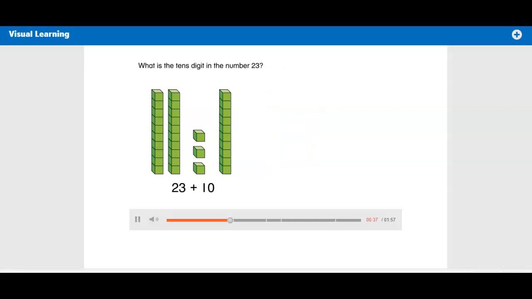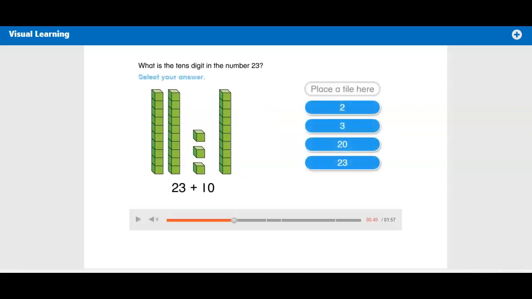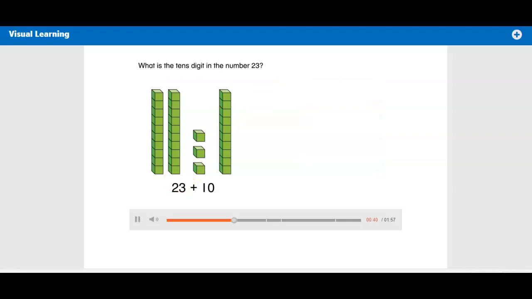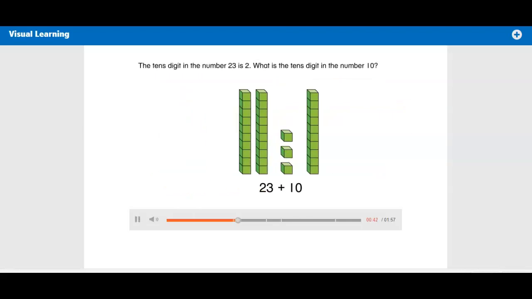What is the tens digit in the number 23? Select your answer. So let's look at the number 23. We have a 3 in the ones place and a 2 in the tens place. So what is the tens digit in the number 23? 2. The tens digit in the number 23 is 2.